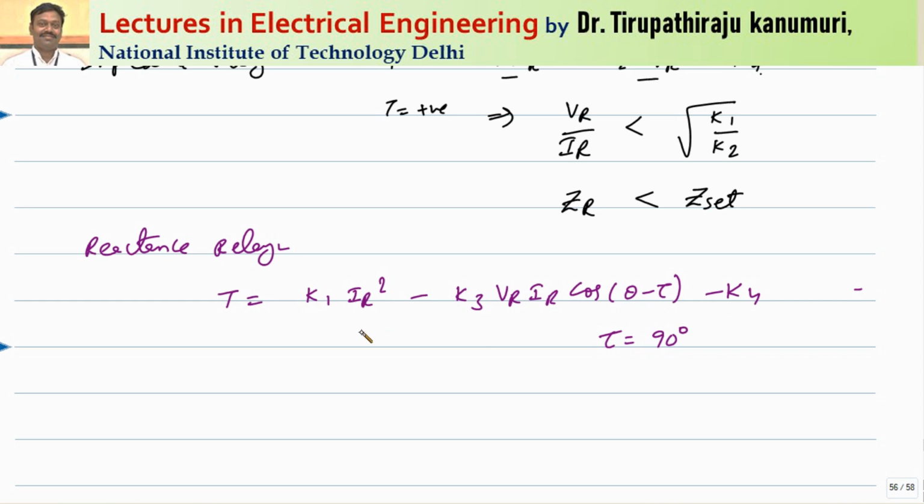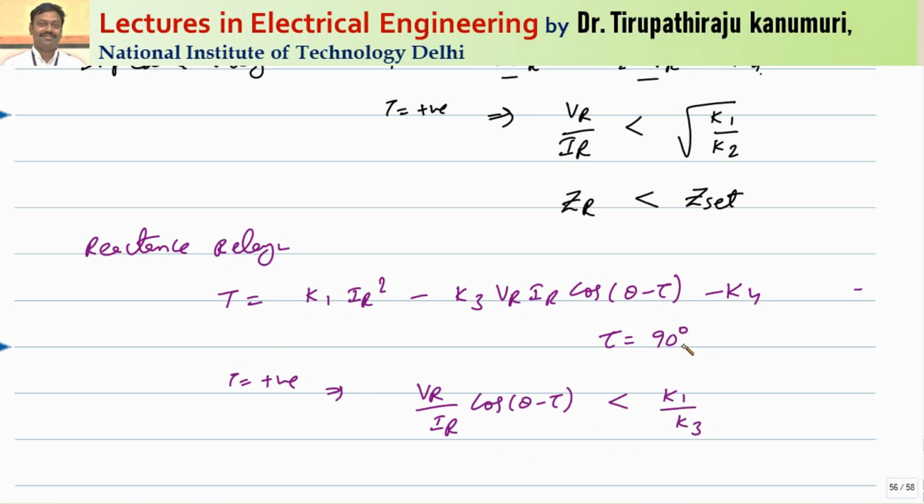So here we can tell that the reactance relay is nothing but the directional restraint overcurrent relay. That means if the value of K1 IR square is greater than K3 VRIR cos(theta minus tau) plus K4, then your relay will operate. That means T will be positive when VR by IR cos(theta minus tau) is less than K1 divided by K3. This is what we get.